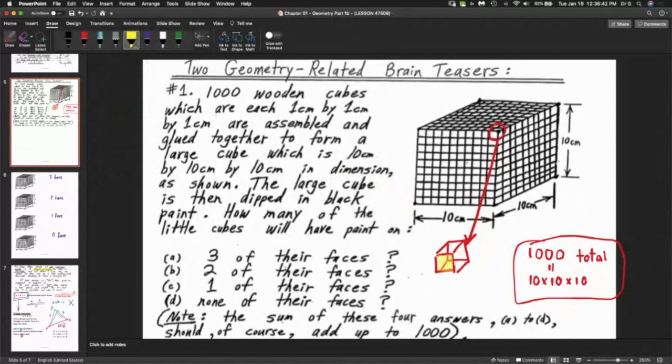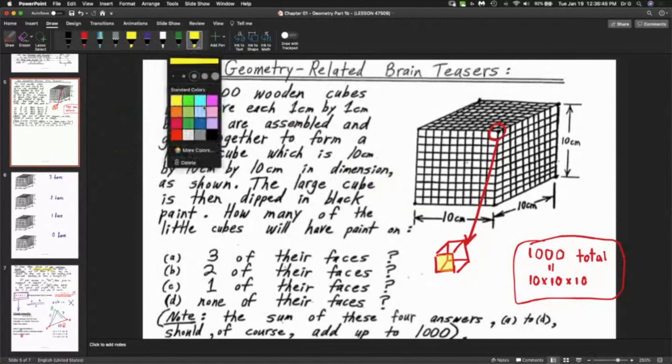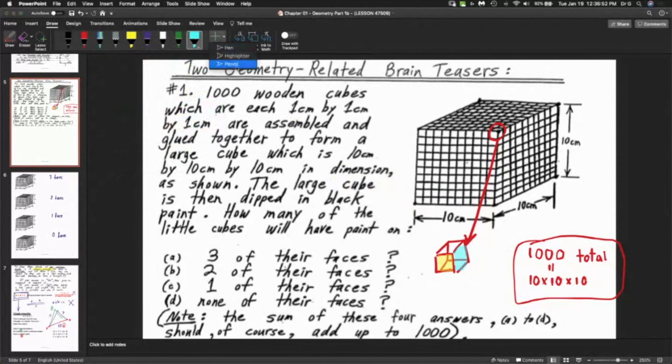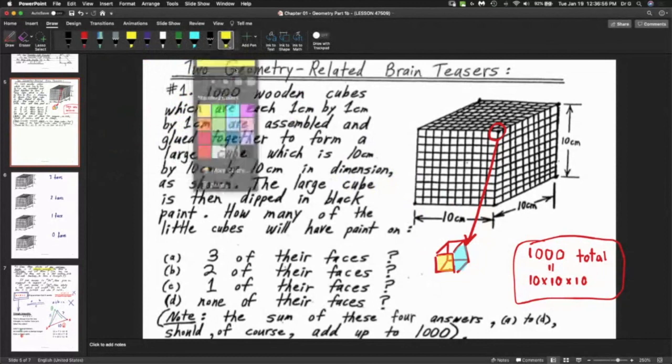So there's one here, and another one there, and that one there. Okay, so there's 3.